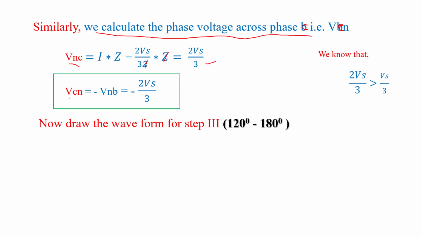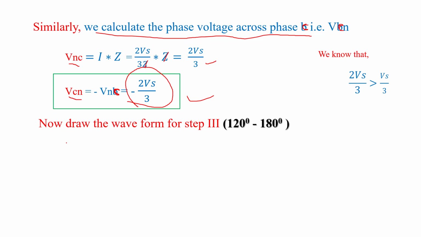If we want to calculate VCN, it is the reverse of VNC, so minus VNC. So this value is minus 2Vs by 3. In this way we got the phase voltages VAN, VBN and VCN.